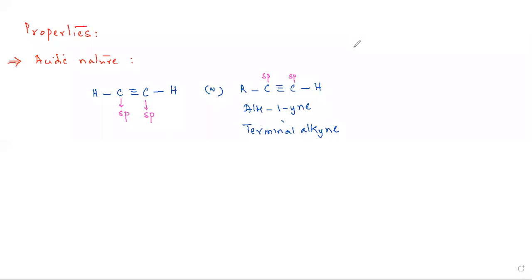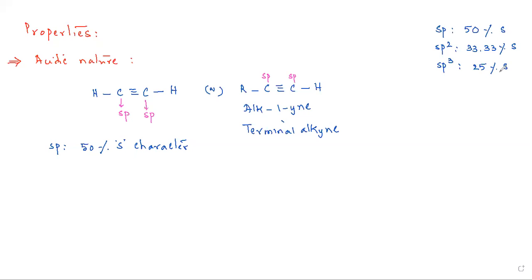When you consider sp hybridized carbon, the sp hybridization will have 50% s character, right? Consider sp with 50% s character, sp2 with 33.33% s character, then sp3 with 25% s character, right?